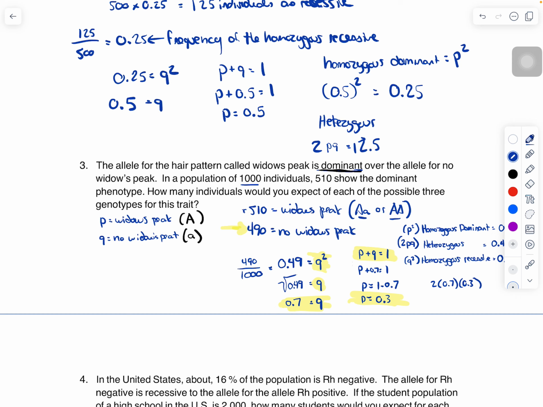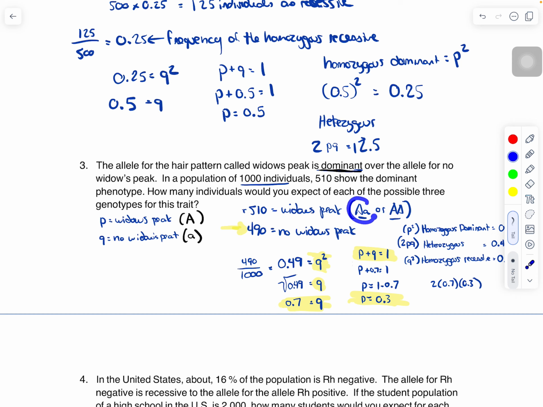So we know there are 1,000 individuals. That's why I put this right here. Now, of those 1,000 individuals, we know that 510 of them have widow's peak. And this is the part you need to be careful with. It threw me off the first time too. What that means is if you have widow's peak, it's dominant.